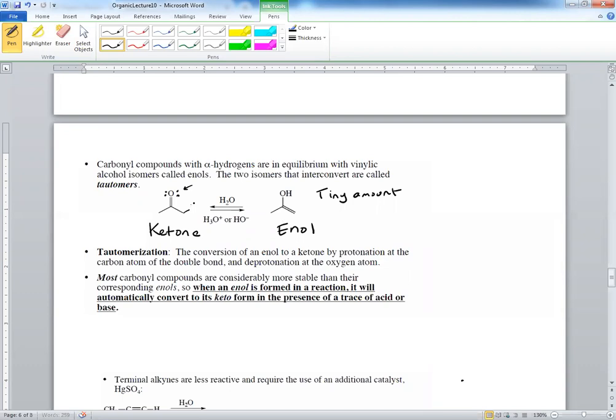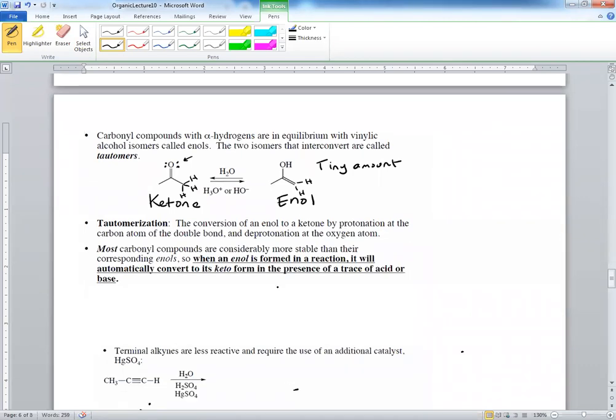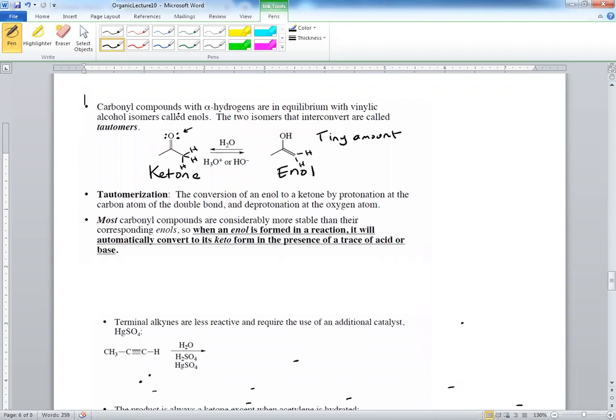So if we draw the H's here, you have 3 H's. Here you have 2 H's. So that explains how those H's are distributed between these two, what we call tautomers. That's the process: you have ketone and enol, but the ketone is your major product. It's in equilibrium.